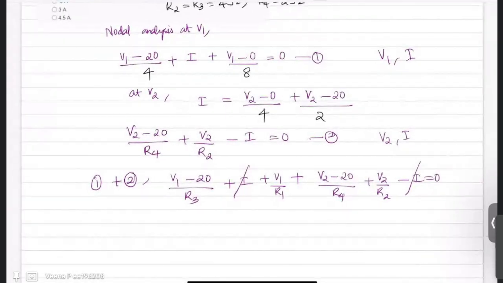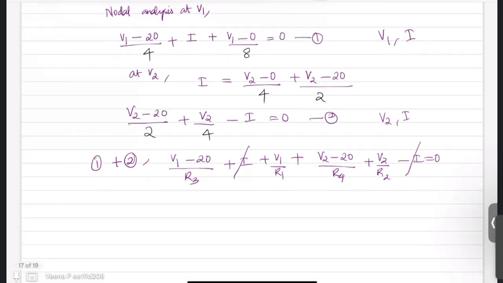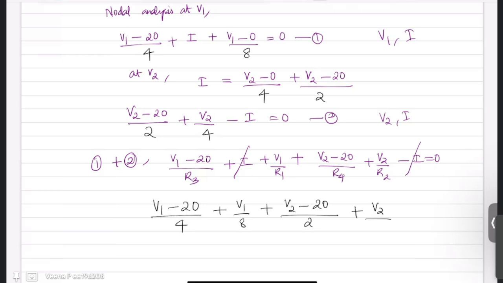So when you add them, it becomes (V1 minus 20) by 4 plus V1 by 8 plus (V2 minus 20) by 2 plus V2 by 4 is equal to 0.